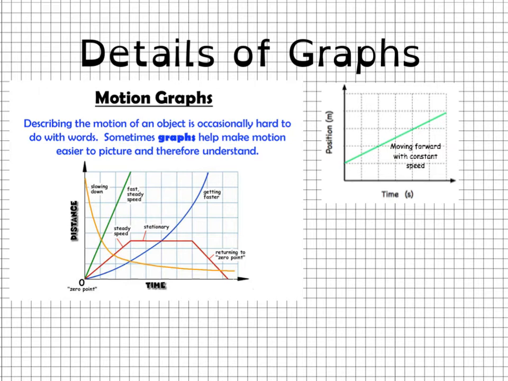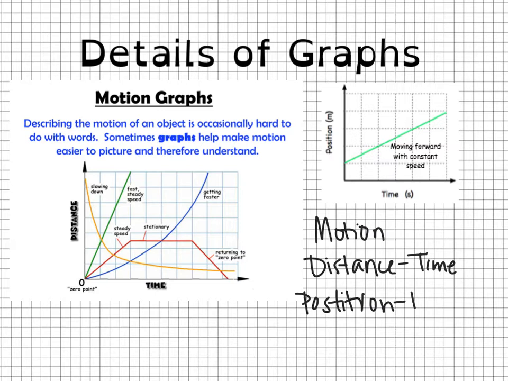There's a couple things I should mention. When we talk about motion graphs, there are a couple different names for them. You can call them a motion graph, a distance time graph, or a position time graph. From this point on, I'm going to pretty much be calling them distance time graphs, because that already tells us what our X and Y labels are.